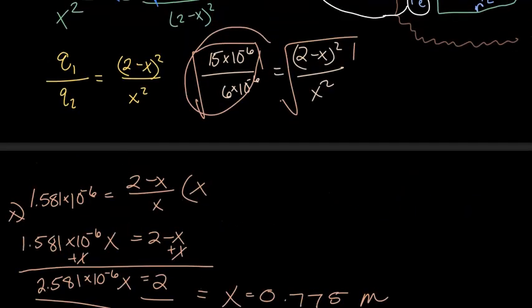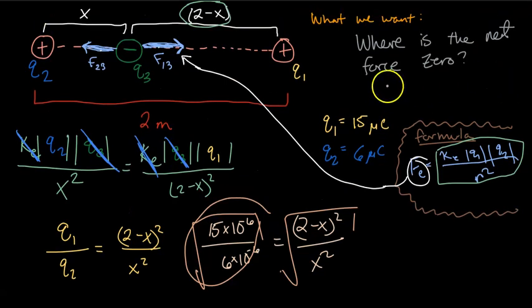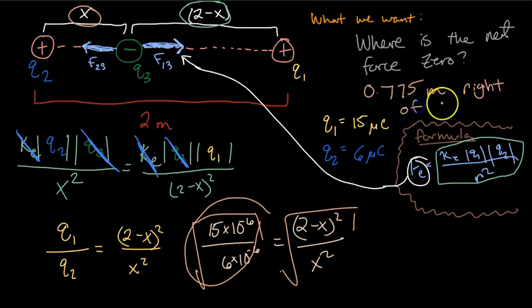And just to double check that, that is our x right here, so that is 0.775 meters right of our Q2. So that is our answer.